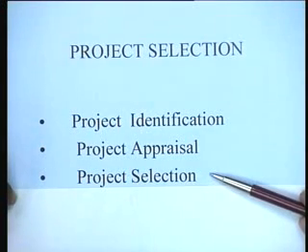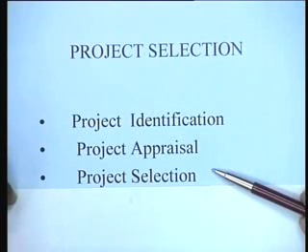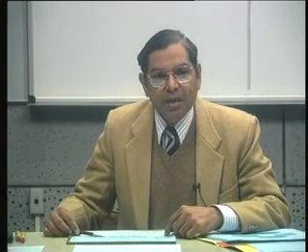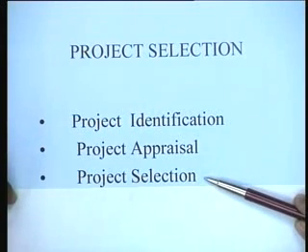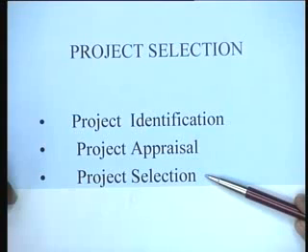The selection of the project is a problem where you have already identified a number of projects. They have different characteristics and different accomplishments, and you are trying to identify which out of those projects is the best one. This problem of project selection is not an easy one. Why? Because there are a number of conflicting criteria involved.